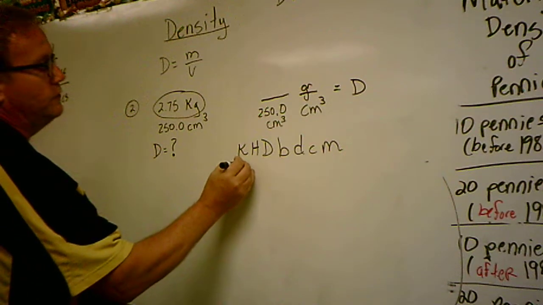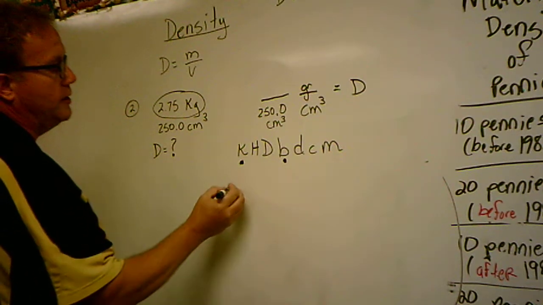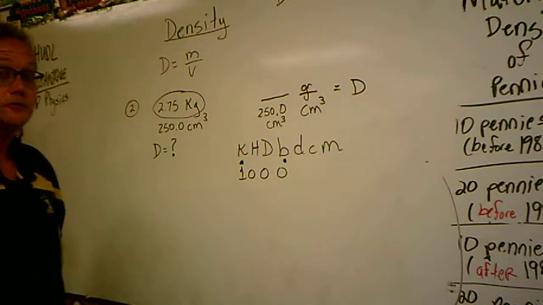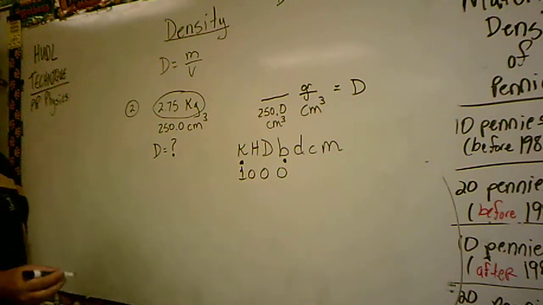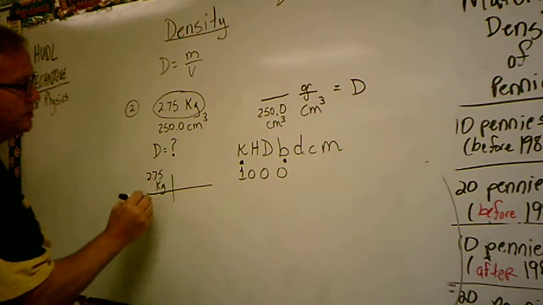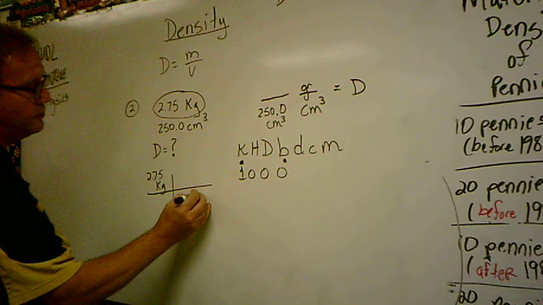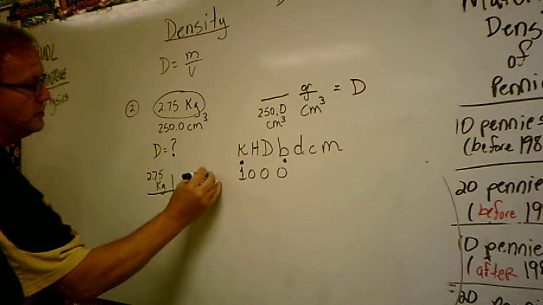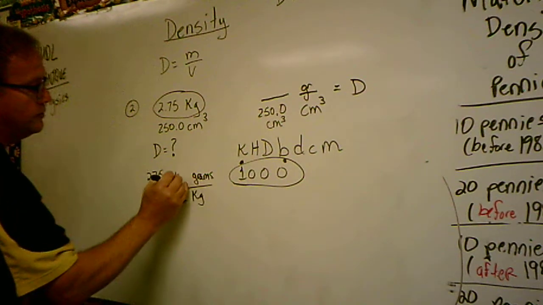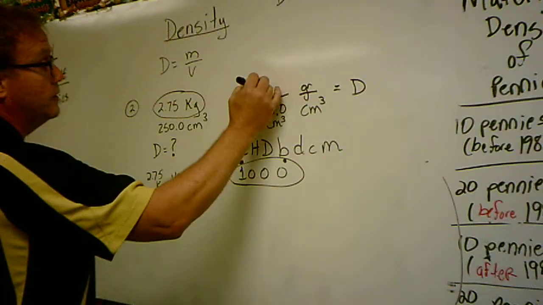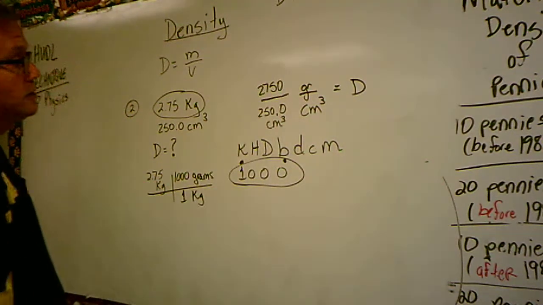Now we know kilo is the big one, base is the small one, and if it's the big one, it gets the 1, and we know our other factor is going to be 1,000 grams. We'll do a quick conversion for that, 2.75 kilograms. The big one again is kg, so we put the big one here, and then we have grams up here, and this number goes with grams. Then all you have to do is just multiply these two numbers together. Since there's a 1 at the bottom, we don't worry. So it's 2,750 grams.